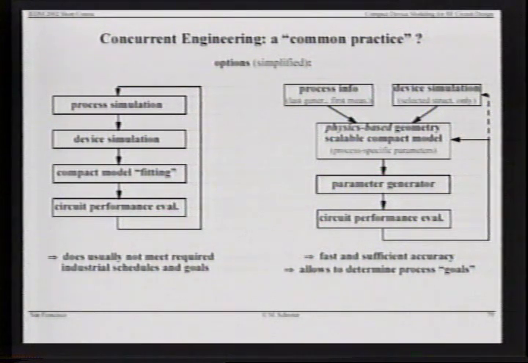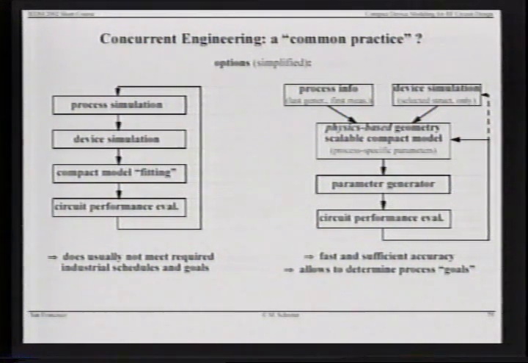The proposal is actually to take process information, which is always available in advance from process developers. Also take some selected device simulation results, merge and put this properly together with a tool that can generate physics-based geometry scalable models.